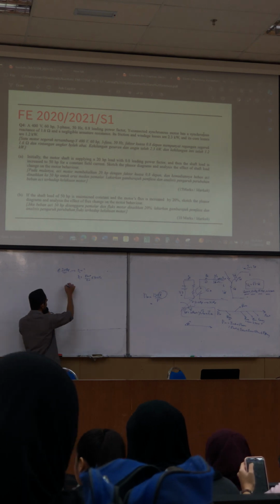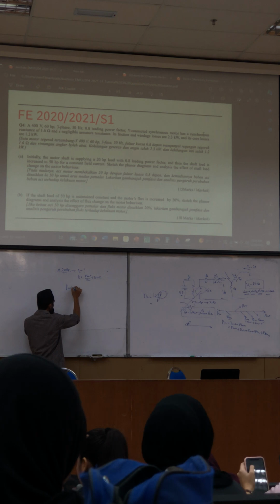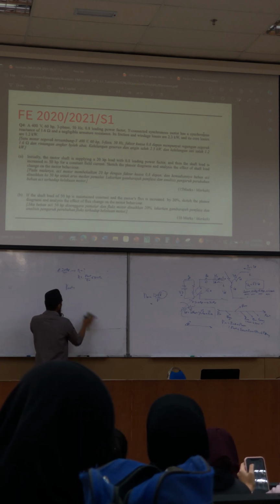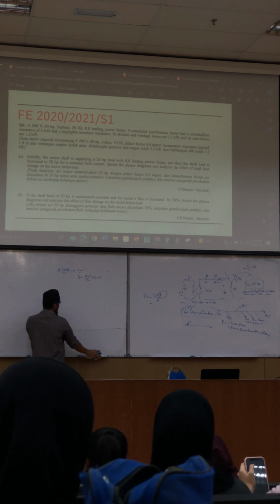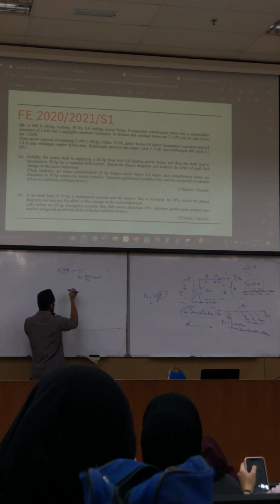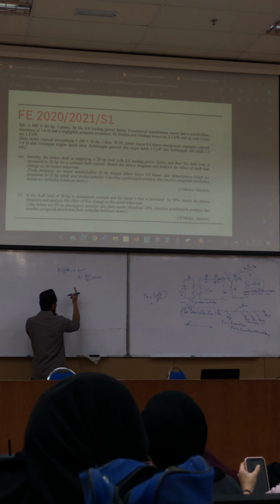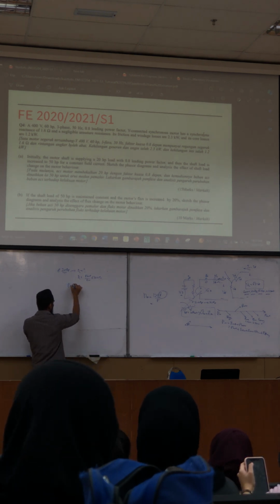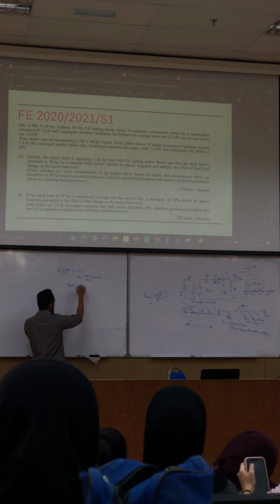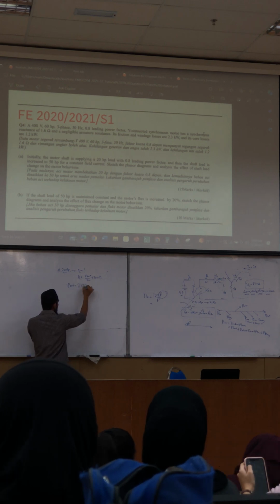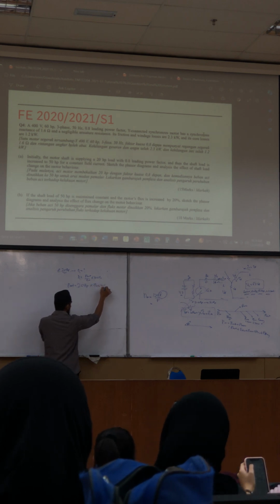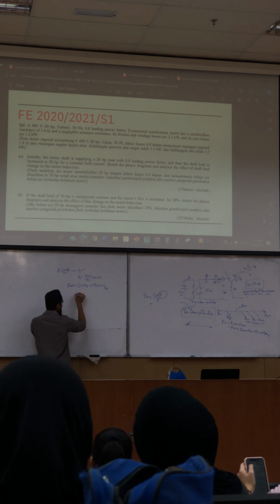Find P in first, it's easier. P out is equal to 20 horsepower times 746 watt over horsepower.